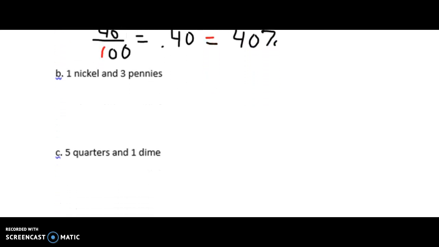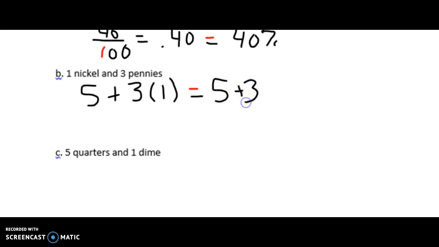Let's go down to B. B is 1 nickel and 3 pennies. So I know that I have my 5 cents. So I'm going to start with my 5 plus 3 times 1 because a penny is worth 1. So that's going to give me a total of 5 plus 3, which gives me 8.